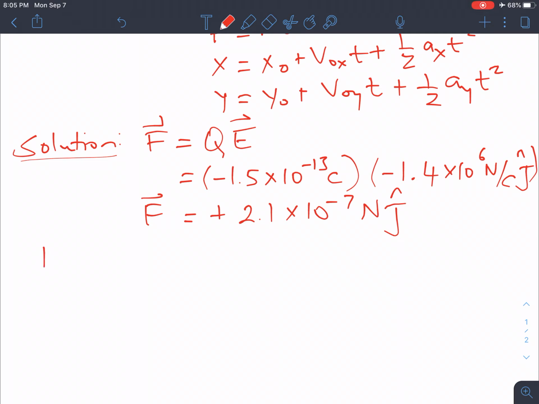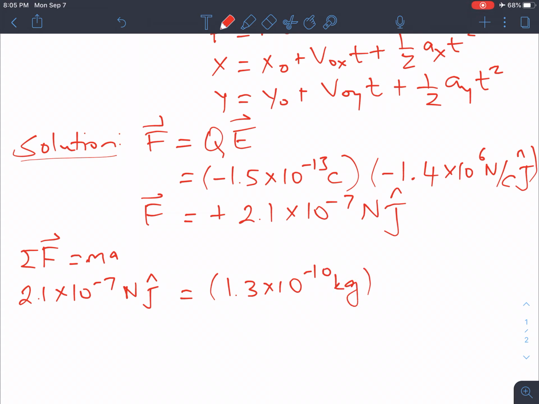And the next step is F is equal to ma. And again, this is the sum of forces. And the only force we have is the electrostatic force. So the sum of forces is really F. And that F is 2.1 times 10 to the negative 7 newtons, J hat direction. The mass was given as 1.3 times 10 to the negative 10 kilograms times A. Now we are solving for A, and from this relation we get positive 1.6.